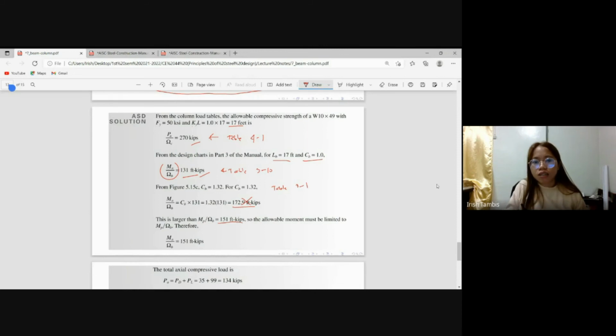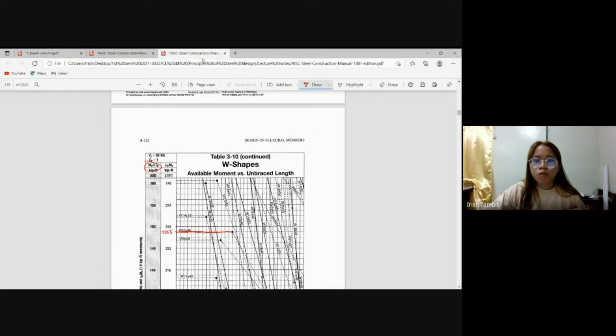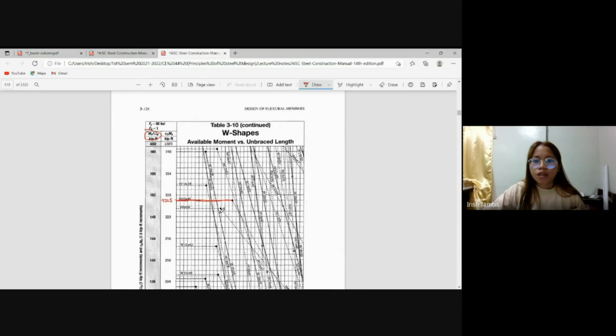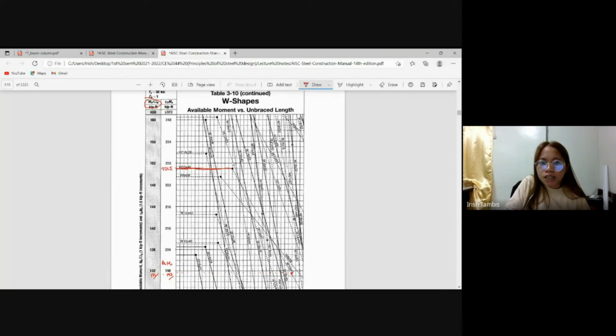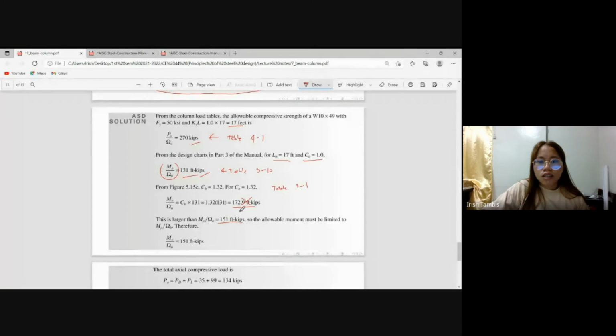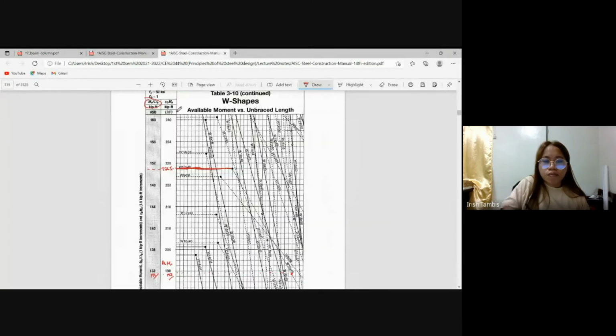How did we get this value? This one also comes from the table. For the W10/49, the plastic moment, if you project it here, is actually just 151. For ASD, it is equal to 151.